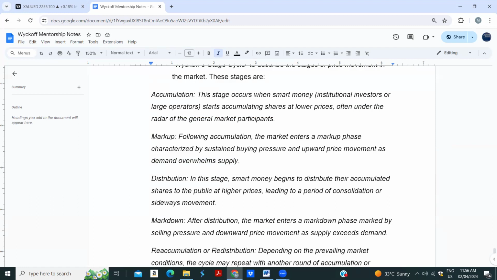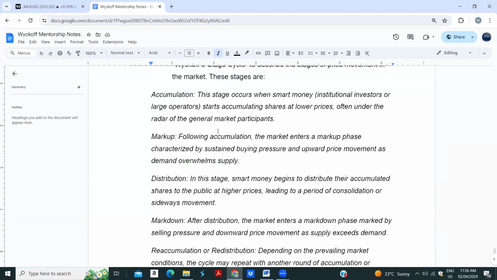Supply equals demand, so the market is in equilibrium during the accumulation stage. The smart money starts to accumulate the shares at a lower price, and this process is quiet, hidden from the retail traders.